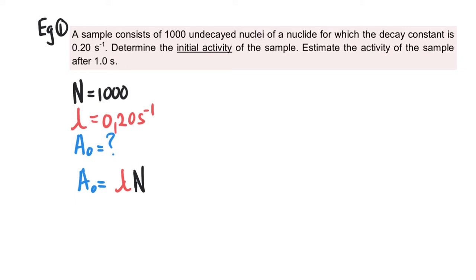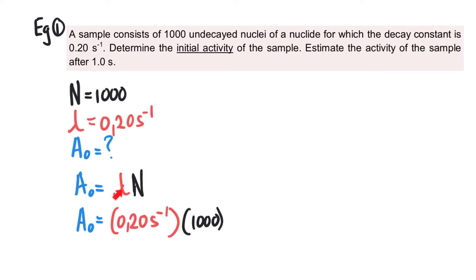So let's start off with the initial activity. I'm going to symbolize that with capital A 0, for t equals 0, or the original activity, and this is going to equal lambda multiplied by N, the decay constant multiplied by the number of undecayed nuclei.